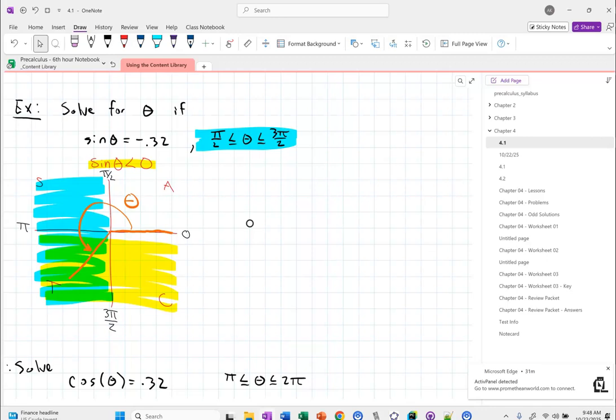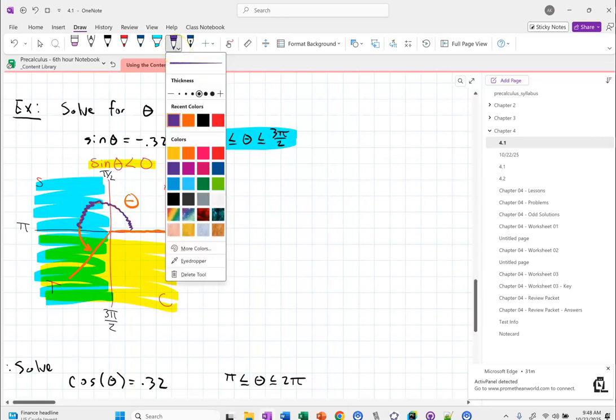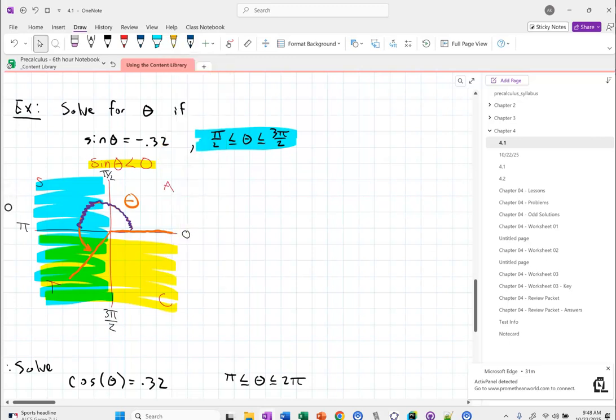So I'm going to break this up into 2 parts. I'm going to break it up into that part, and this part.